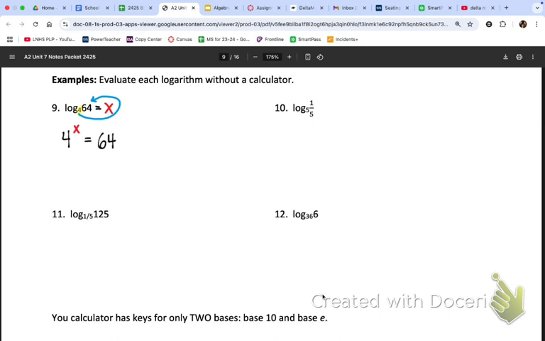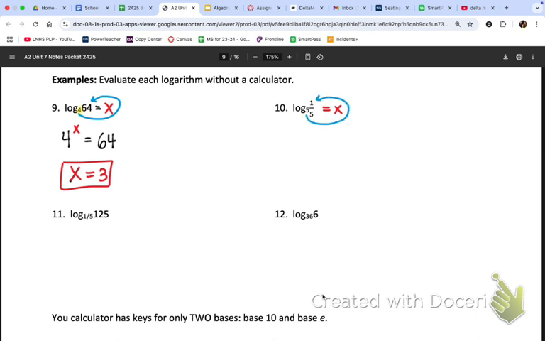And then you can use a perfect chart or use your brain to figure out, okay, 4 to what power is 64? You're just trying to find the exponent. That's it. What is it? 3. 4 times 4 times 4. Do you see it on your perfect chart? You would go to 64 and look to see where you can find it, or actually use 4 on the end side and follow it over. That's it there.